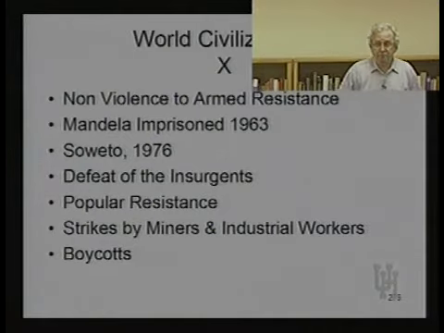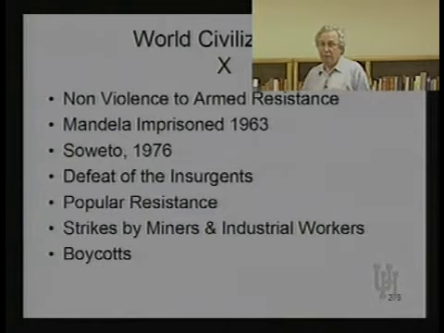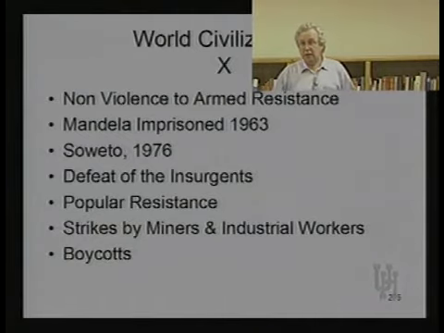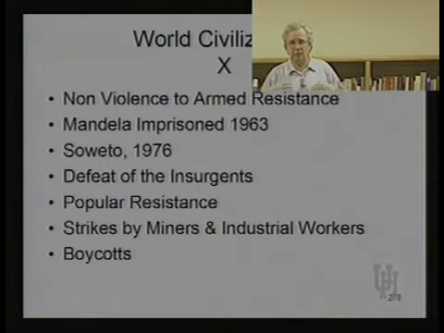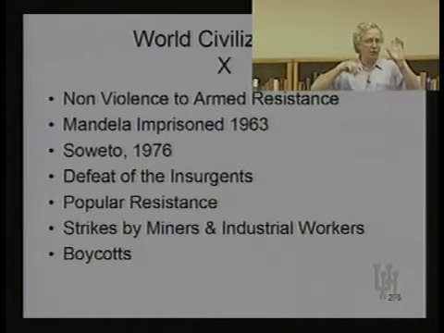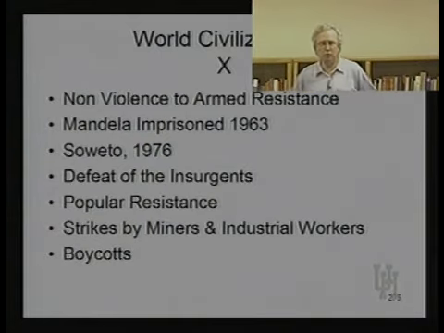By this time, South Africa's economy is heavily dependent upon African labor. It is increasingly becoming an industrial economy. Aside from mining operations, there are all kinds of industrial enterprises, steel plants, automobile plants, plants producing military equipment of various kinds. South Africa was a major arms dealer in the world market.